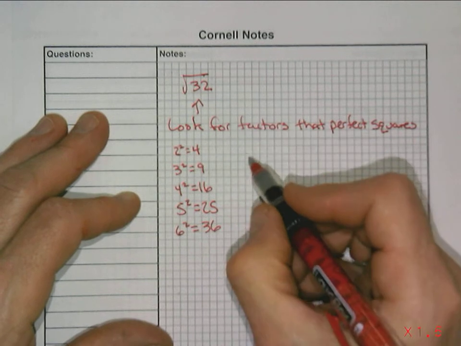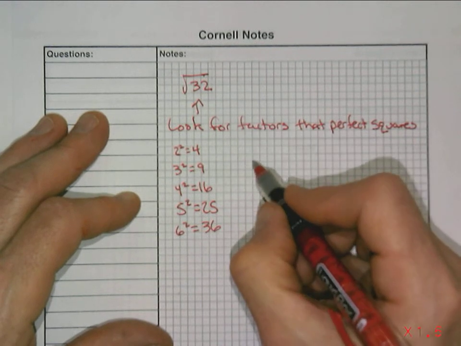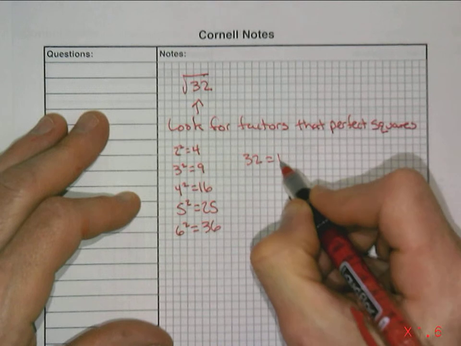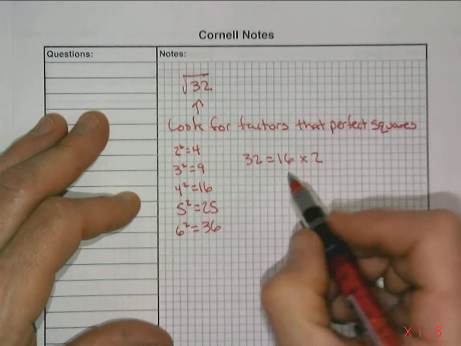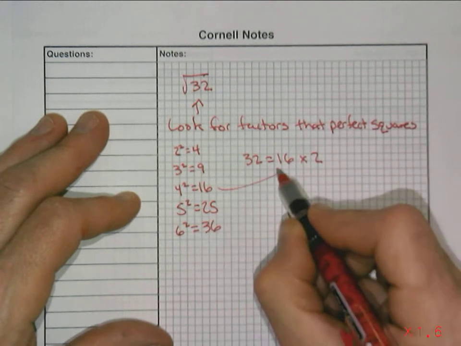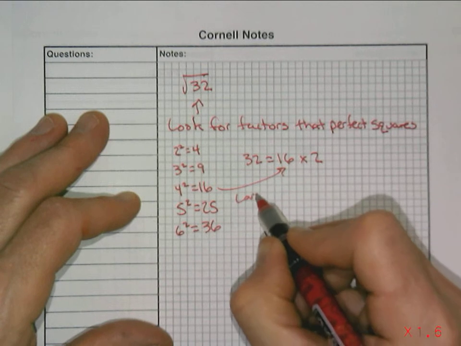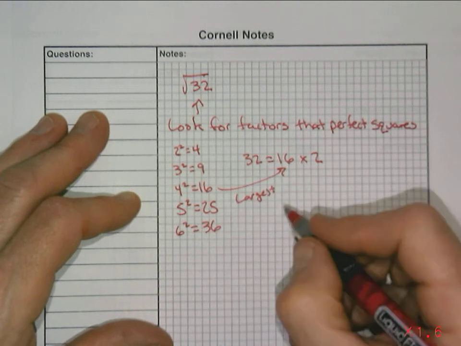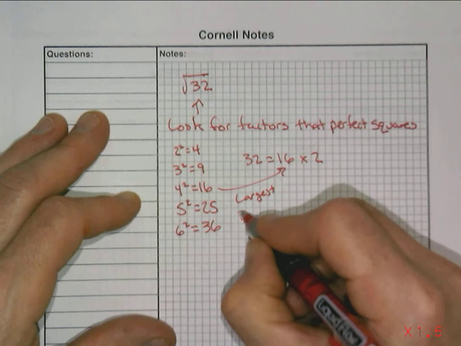So the square root of 32, see, 32 is equal to 16 times 2. 16, that's the largest perfect square factor.